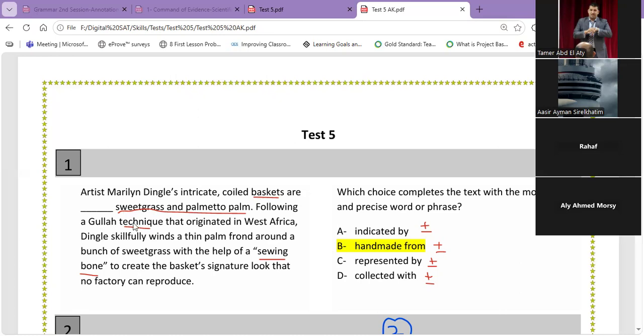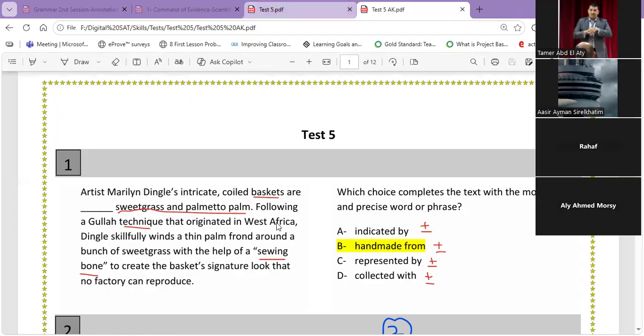Following a Gullah technique, materials and technique that originated in West Africa, Dingle skillfully winds, how they made it, a thin palm frond, how they made it with the material, frond, around a bunch of sweet grass with the help of a sewing bone to create the basket's signature look that no factory can reproduce. So these are handmade from. Handmade from. It's easy. Let's go to number 2.